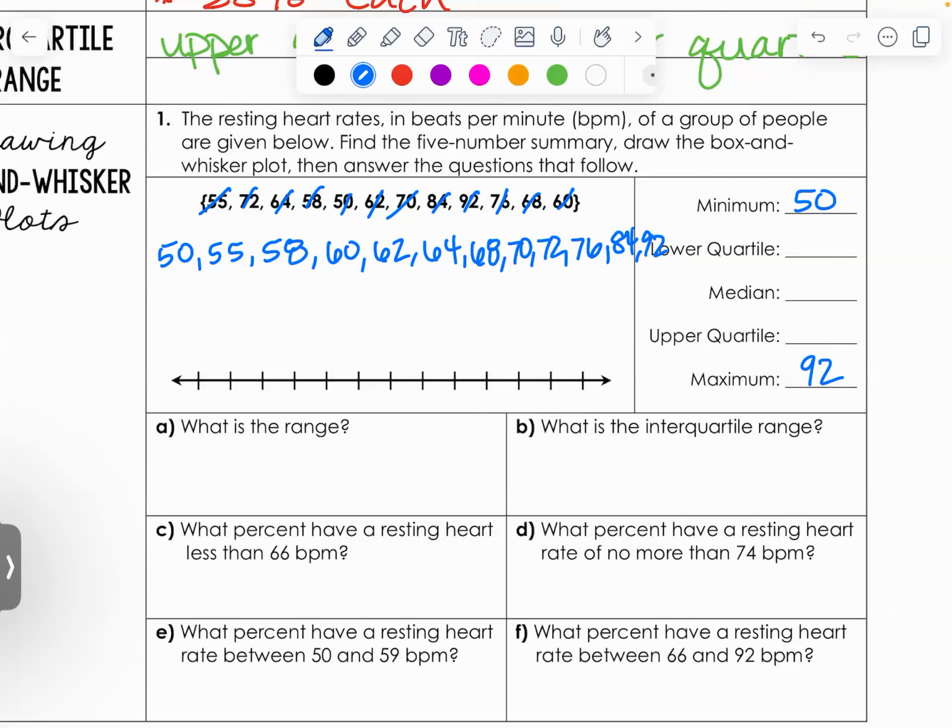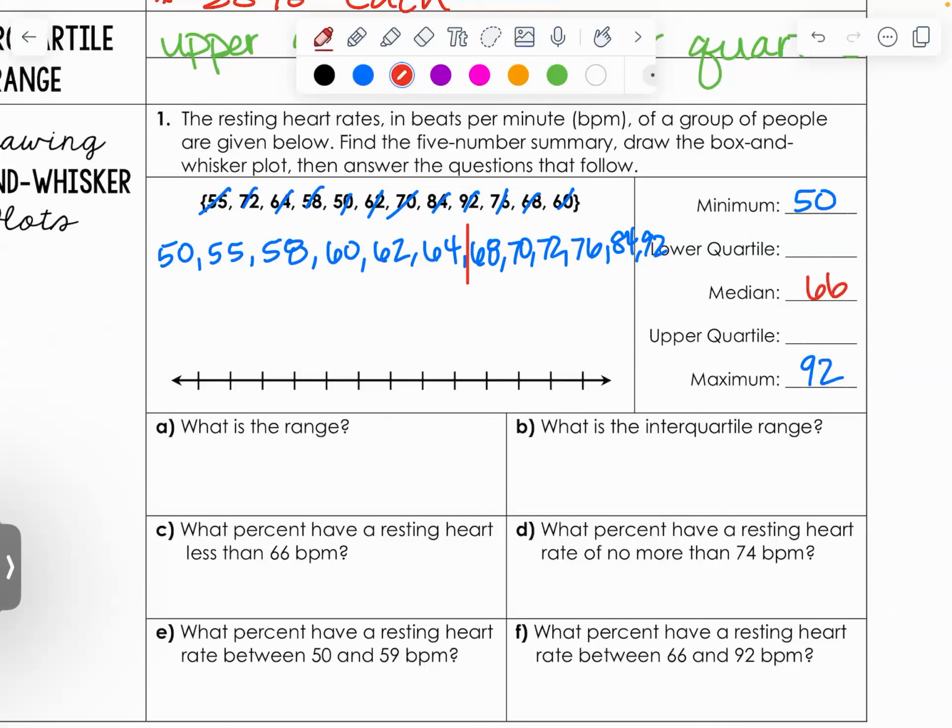There are going to be 3 pieces of data in each section. Where is our median? Right here, so it's going to be 66.